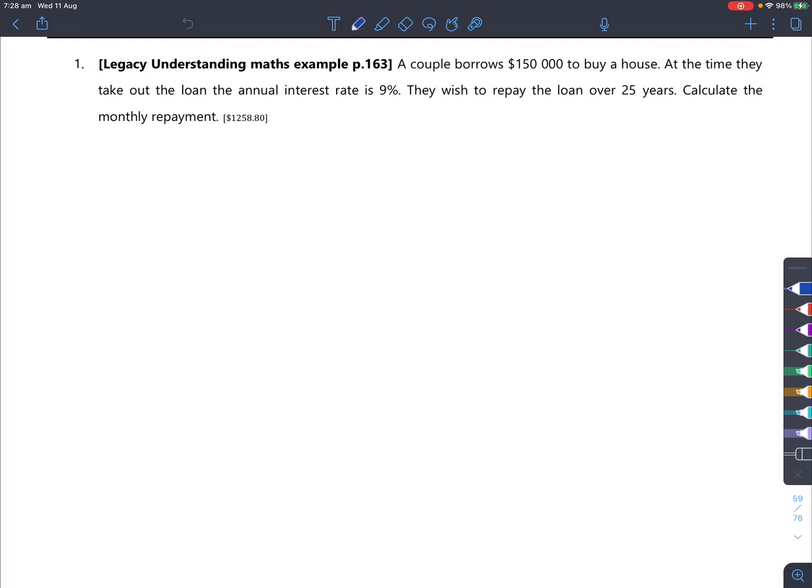So this 25 years, I'm going to make that 25 times 12, which is basically 300 months, as well as this 9% here. If I do 9%, which is 0.09, then also divide that by 12 to make it a monthly rate, that will be 0.075.